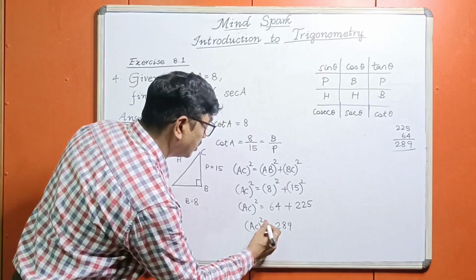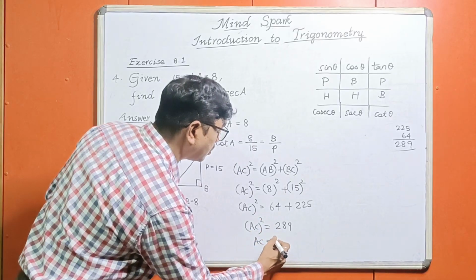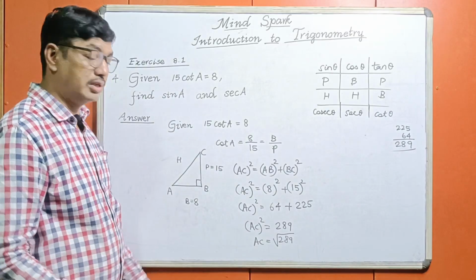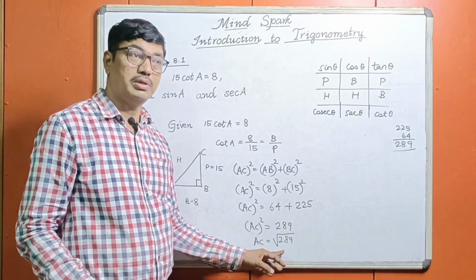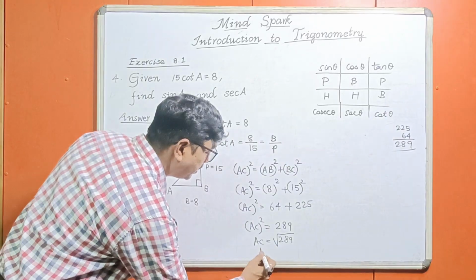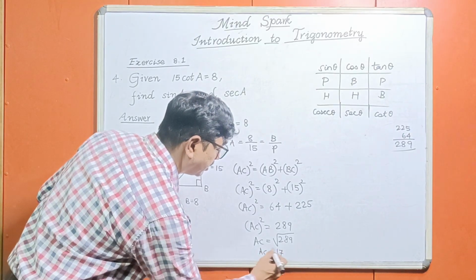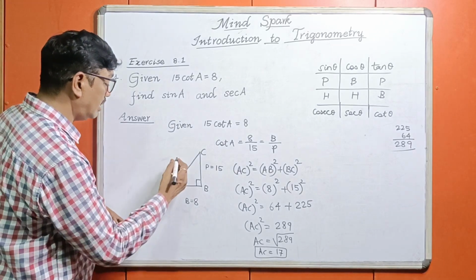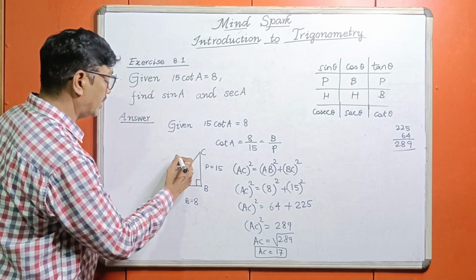So AC is equal to square root of 289. I showed you in a previous episode how to do square root. You can go through that, and your answer will be AC is equal to 17. What is AC? Hypotenuse. So 17, this is H.